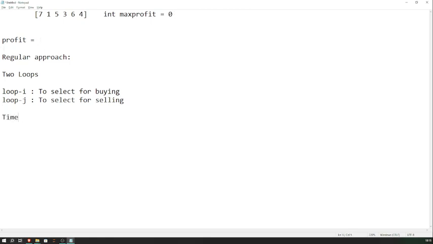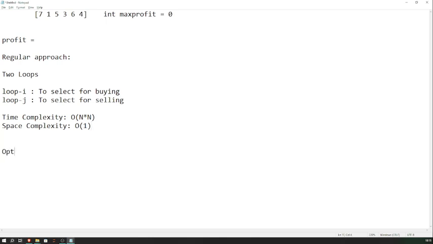Time complexity in this case would be O of n square, and space complexity would be O of 1. But we can still optimize it.